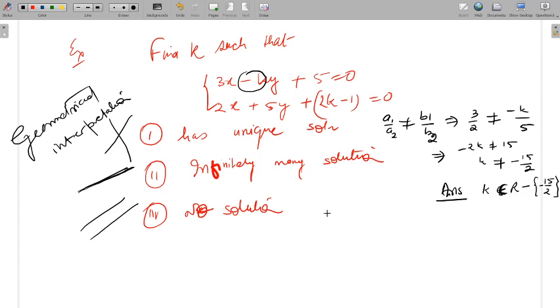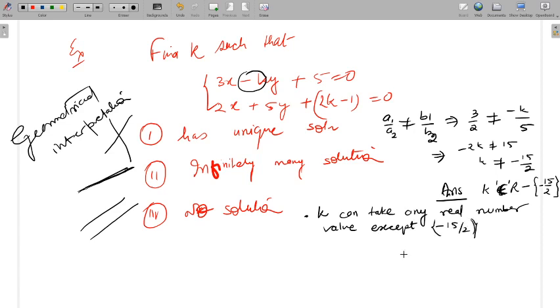Or you can write in words. If you don't want to use this symbol, you can write: k can take any real number value, but not, or except, -15/2. So you can write like this or like this.